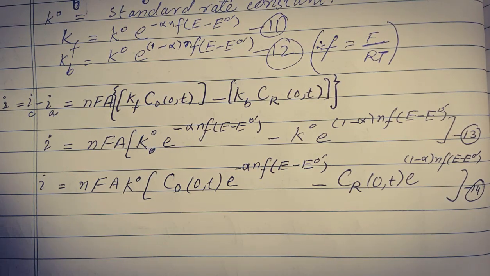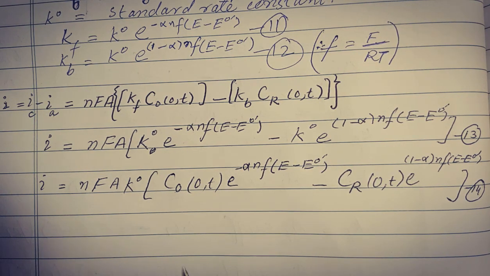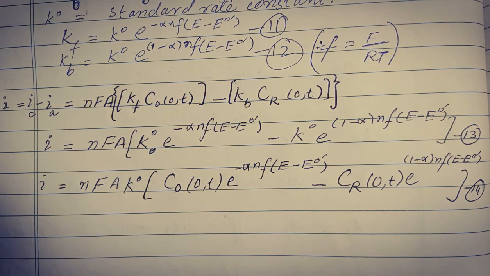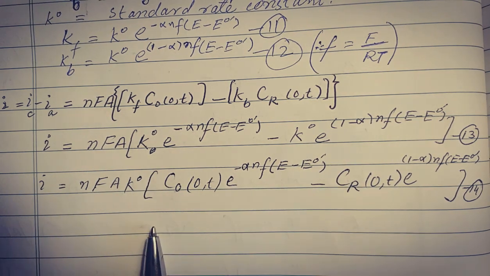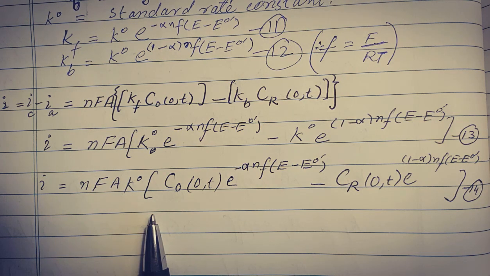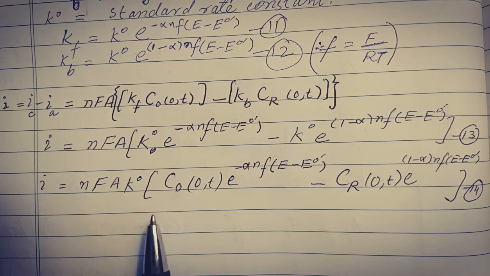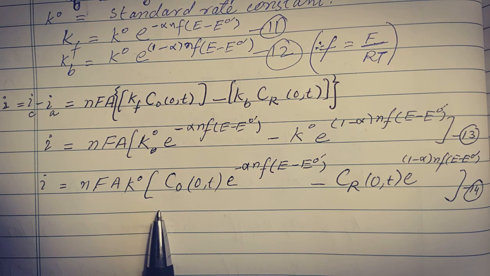So we get the final equation number 14. This relation is very important, as it and a variation derived from this equation is used in the treatment of every problem requiring an account of heterogeneous kinetics.